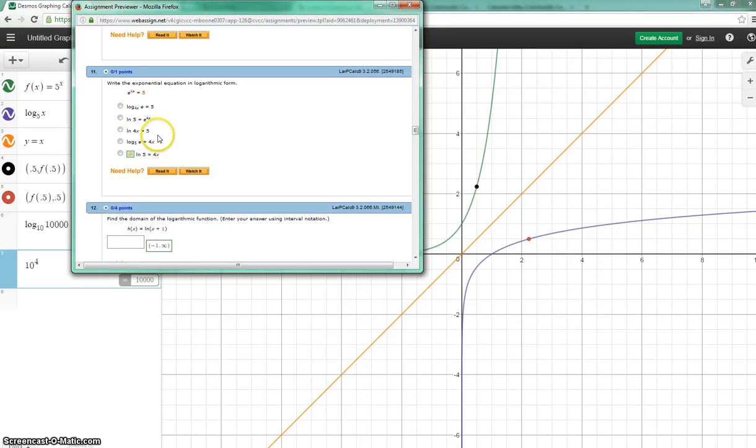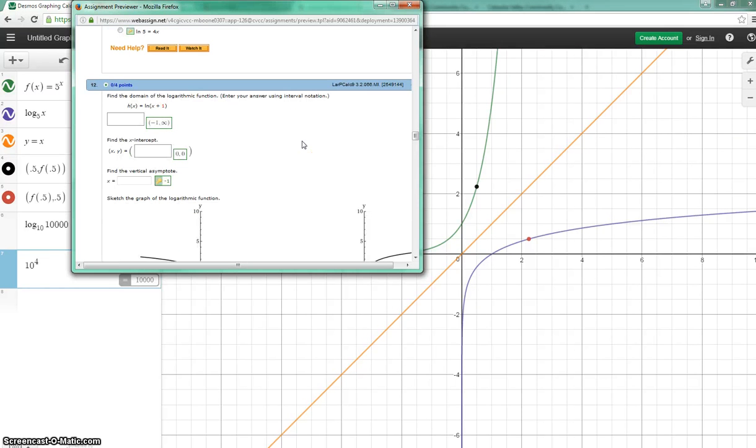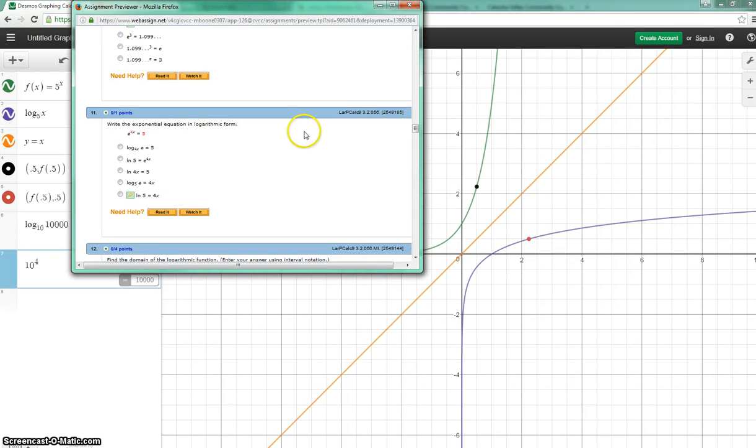So that is your log base e. So log base e of 5 equals my exponent of 4x. And that's why it's this one down here. It's log base e, because e is the base of my exponential, of 5 equals the 4x. So you really need to get comfortable moving those around.